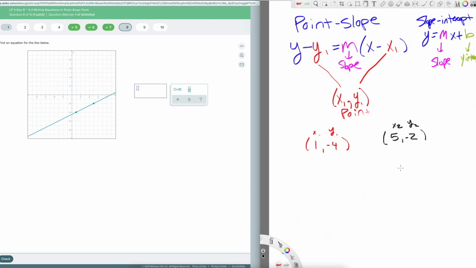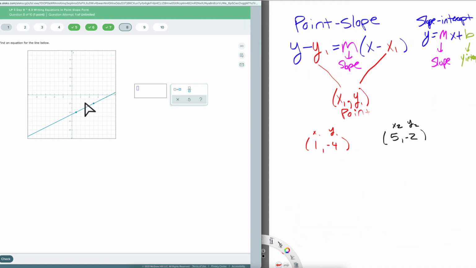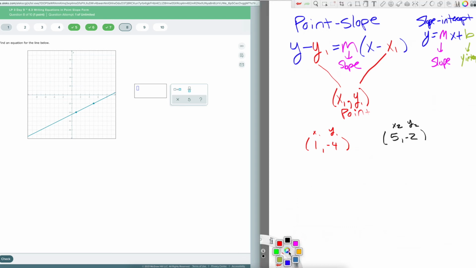When I'm calculating slope, I can do this visually off a graph, and I think they're going to have us do this on one of the next problems where we're actually calculating slope without the graph. Because with this one, I can very easily count and go, okay, I have to go up 1, 2 to get to the same line, and then I have to go 1, 2, 3, 4. So I can pretty quickly from a graph say, well, rise is 2 and run is 4.